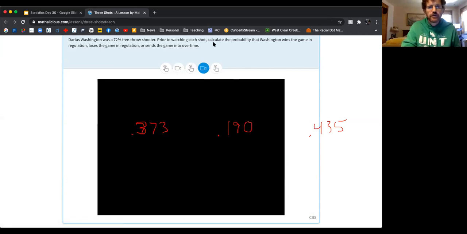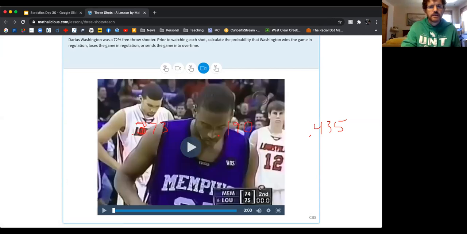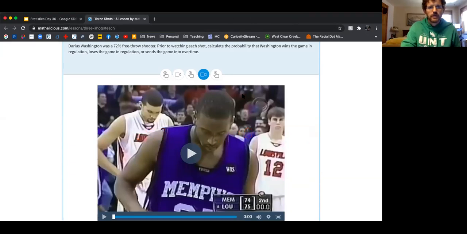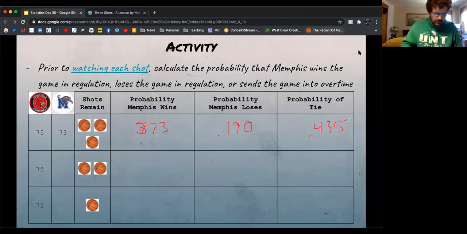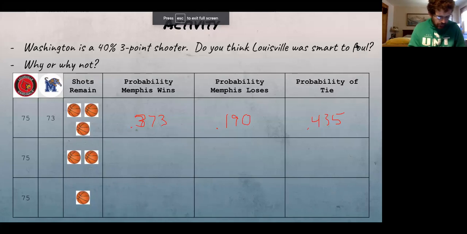And actually, before we look at the second shot, let's go back to our presentation, to the table we were filling in. Okay, let me make it big. So now after this, he made the first one. We're good with that. Now the score is 75-74.